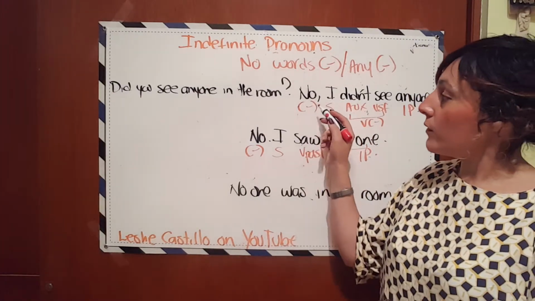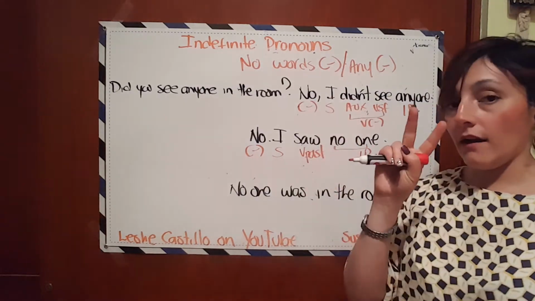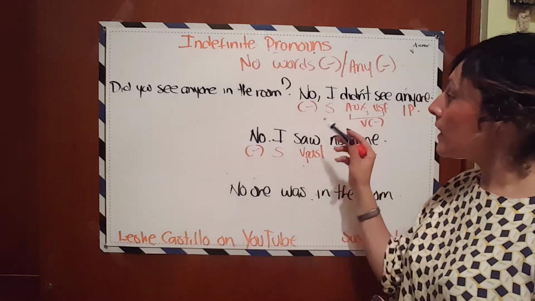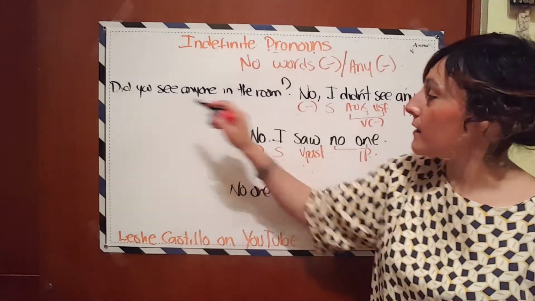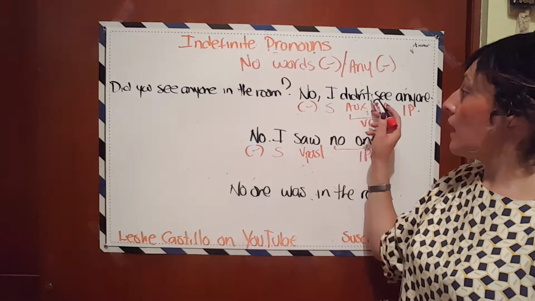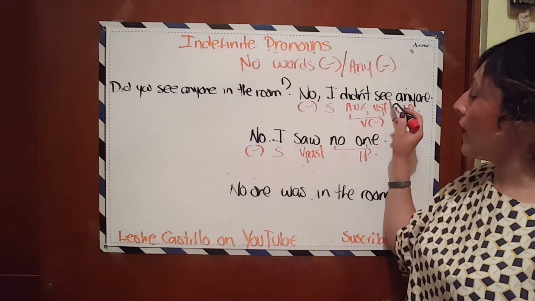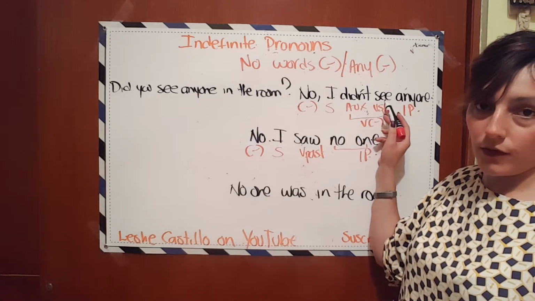If I'm going to answer a question in negative, I have two options. In the first one, I am using the past, didn't, in negative. I didn't see. I use see because I have didn't and then the verb goes in simple form.